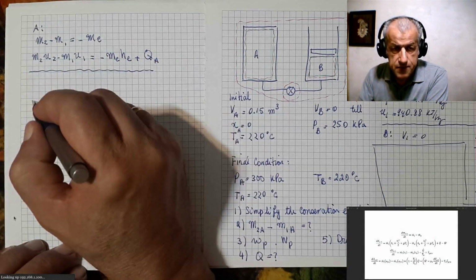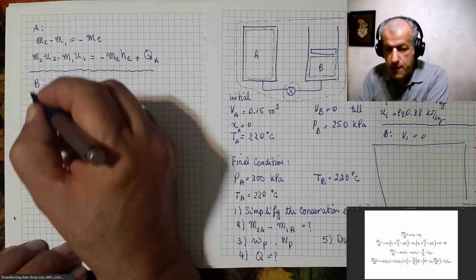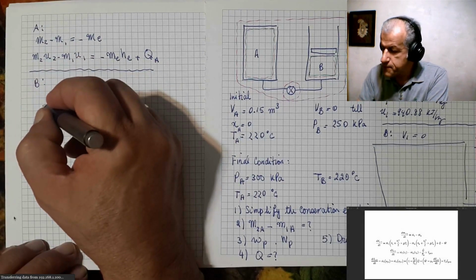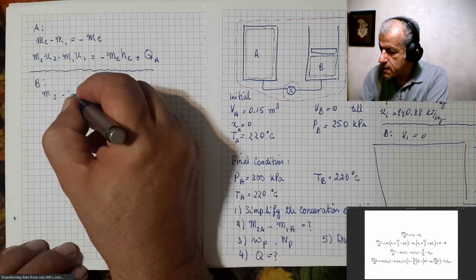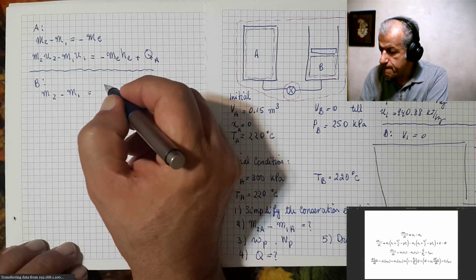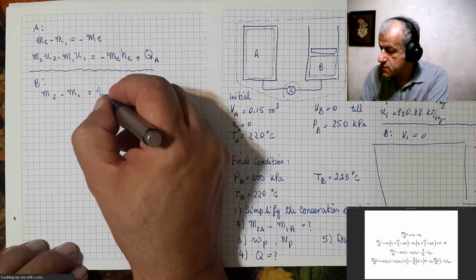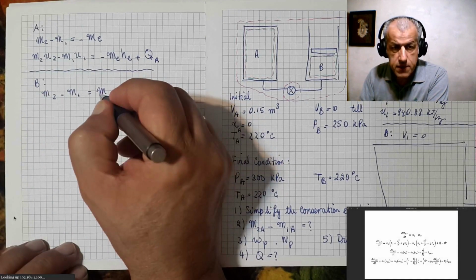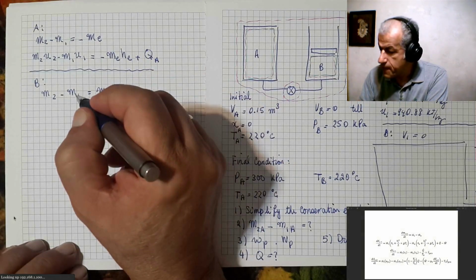Now, next is B. Let's do it with B. For B, we have M2 minus M1 equals mass enters, so it is Mi, but nothing exits, so it is only Mi.